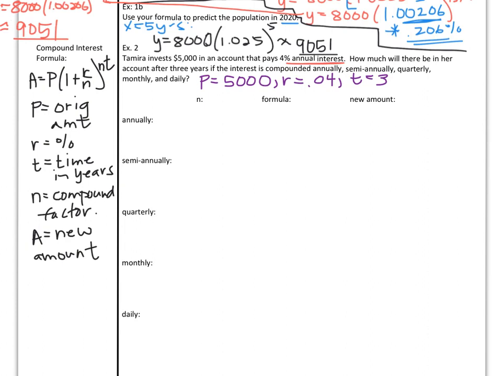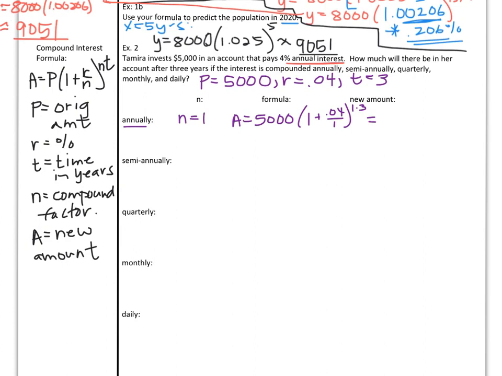So let's get started. Annually, if you have something invested annually, that means N equals 1, once per year, which really doesn't alter our normal template for an exponential function. The formula would then be A equals 5,000 times 1 plus R over N, 0.04 over 1, to the N times T power, 1 times 3.